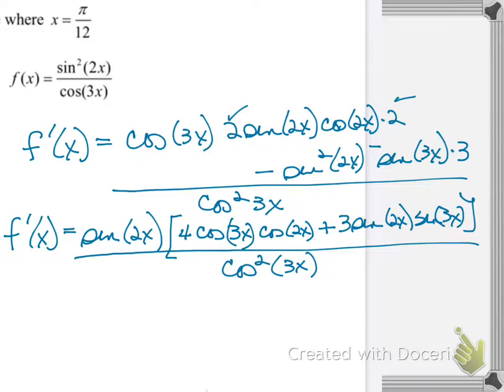Okay, so the nice thing about this is I don't have any trig functions other than cosine and sine, so it's going to be easy to substitute things in. Okay, once again, let's just look at the little unit circle.